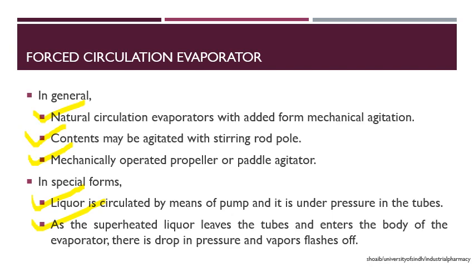So because of this change of pressure, there will be boiling of the liquid and the vapors will flash off. We will discuss it in detail in the next slide.